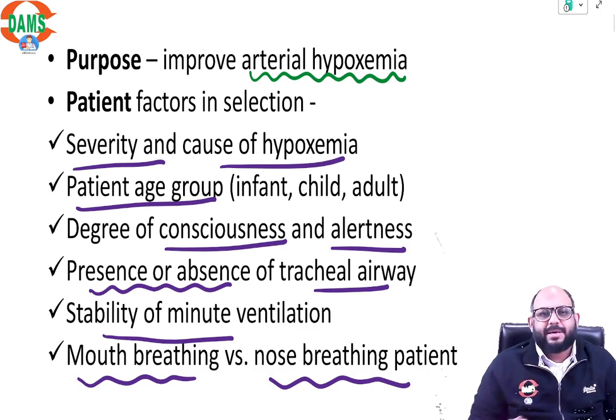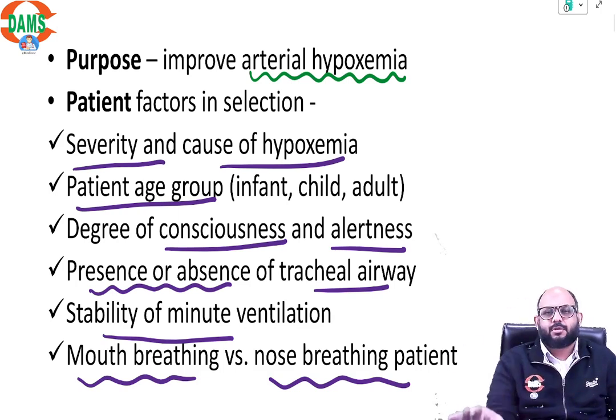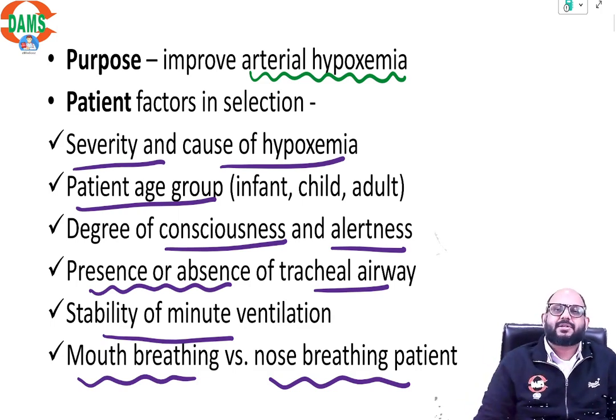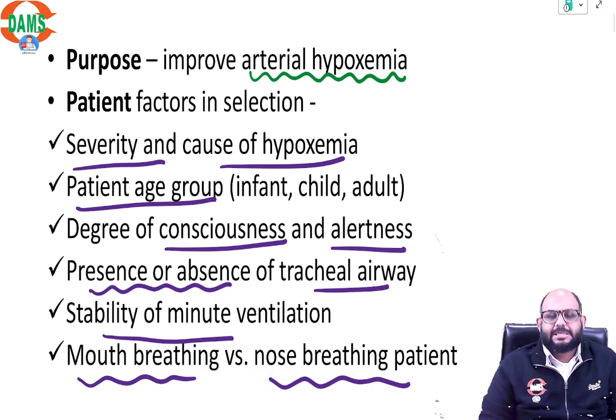There is no augmentation of tidal volume. That is the differentiating feature between BiPAP and PSV. PSV augments tidal volume, but BiPAP doesn't augment tidal volume, but it recruits the alveoli, causing effective CO2 exhalation by improving minute ventilation, right? That is the difference.